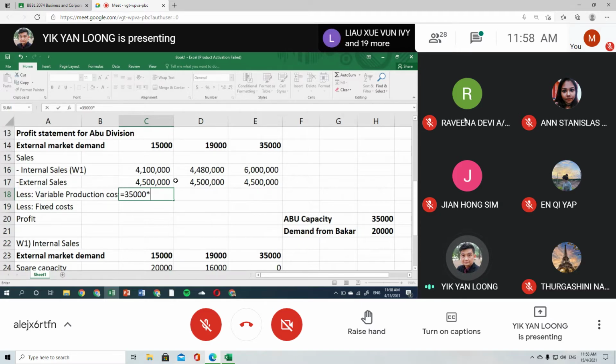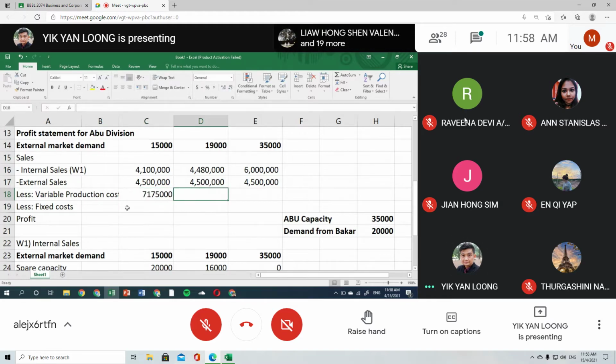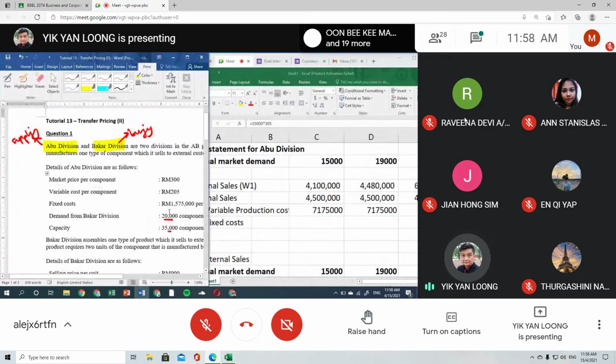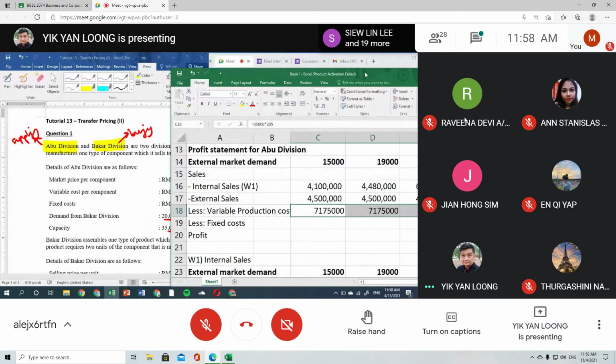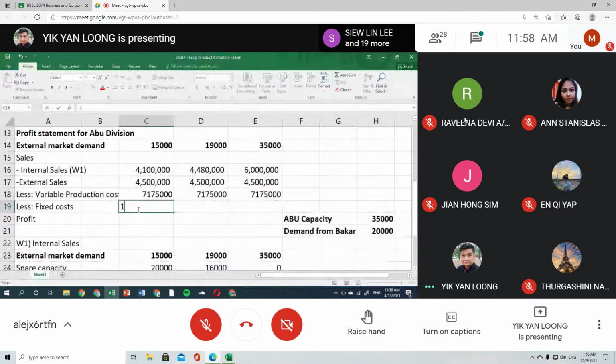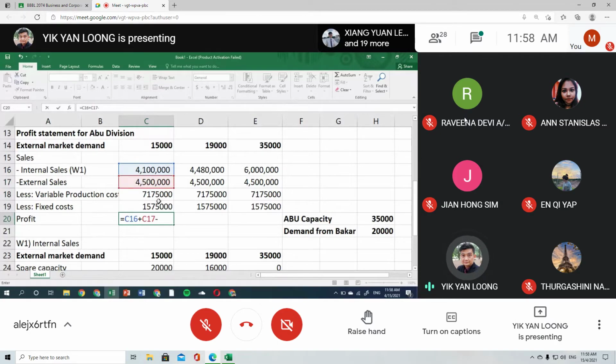Variable cost, as mentioned just now, is 205 ringgit per unit. Fixed cost incurred is 1,575,000. Internal sales plus external sales minus variable cost minus fixed cost.